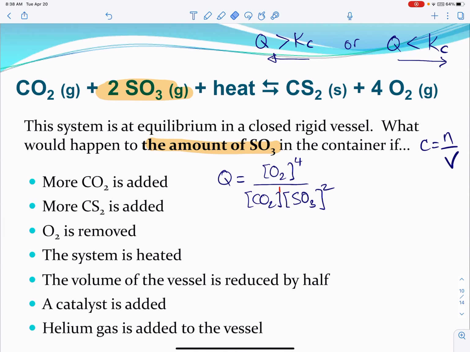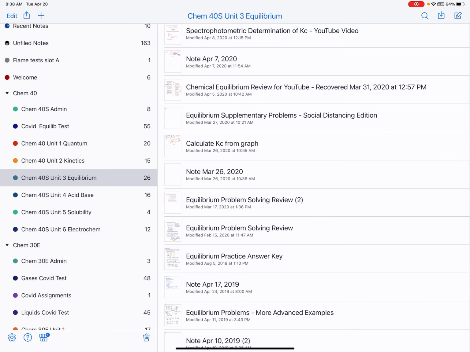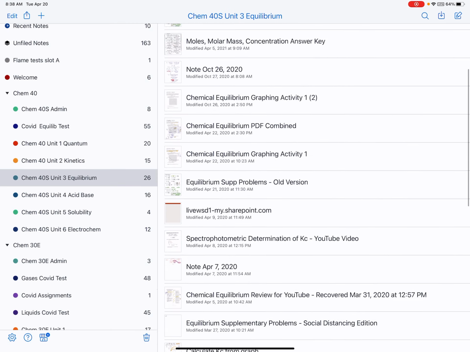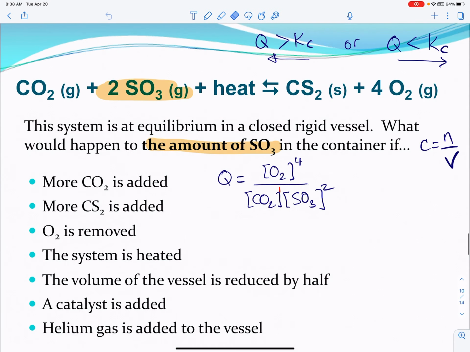So the catalyst has no effect on the equilibrium. Remember, the catalyst speeds up the forward and reverse reactions, but it speeds them up equally. So while the two rates were equal to begin with, at equilibrium, adding the catalyst makes the forward and reverse rates faster, but they get faster equally, which means there's no shift in equilibrium.